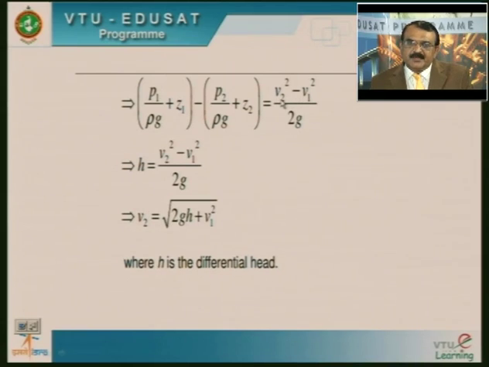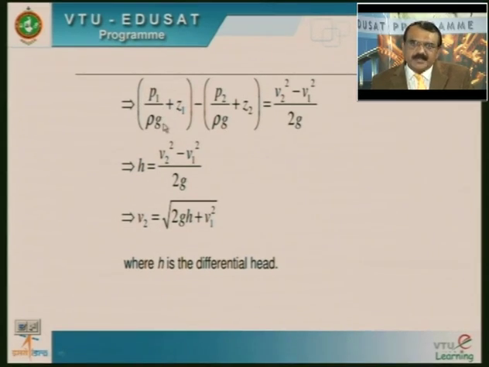Now remember, this is my value of H. What is this? This is the pressure head at inlet minus the pressure head at outlet. Therefore, I am going to call this small h1 and this h2. h1 minus h2 is equal to h. This is equal to V2 square minus V1 square divided by 2g.